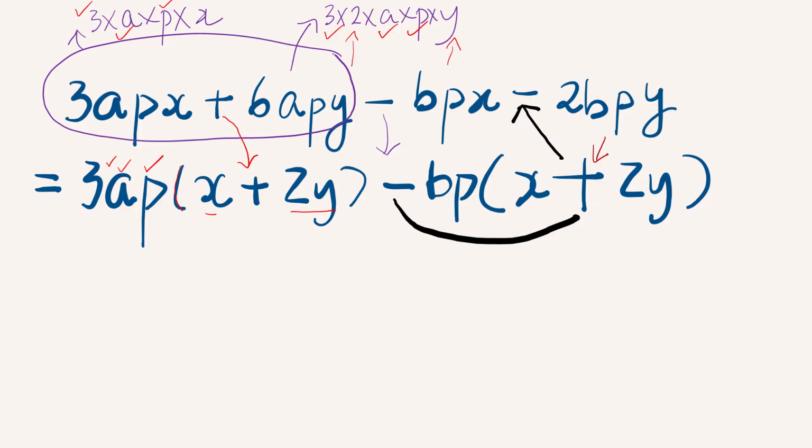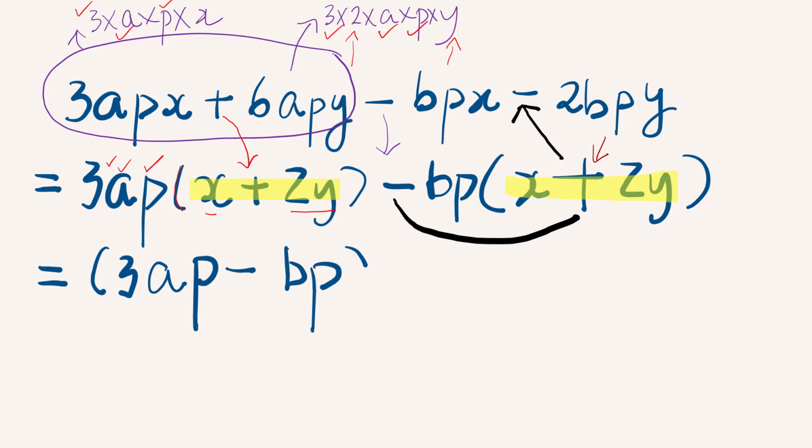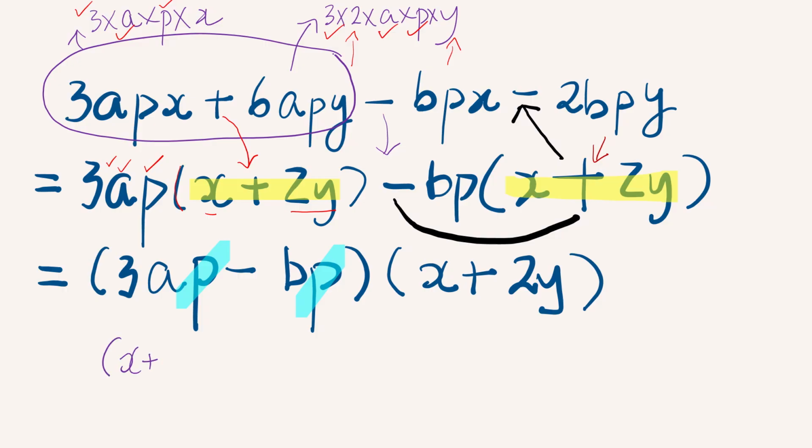Okay, and then the next common factor is X plus 2Y. We can factorize it. Or you can write it this way. Factorize your X plus 2Y. And then what is left for the first group will be 3AP. Then continue with the operation minus here, BP. You would get the same result.